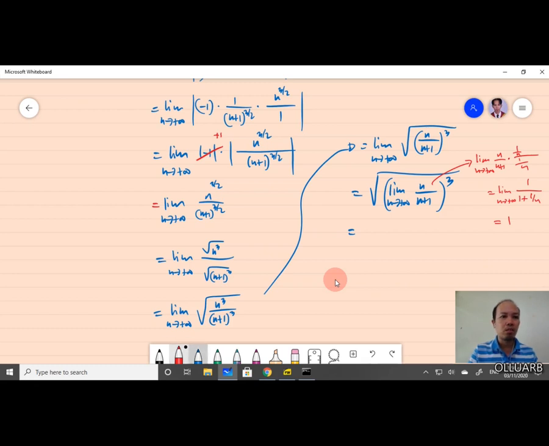So as you can see, this is the square root of 1 cubed, which is 1. And as you notice, the limit is equal to 1.